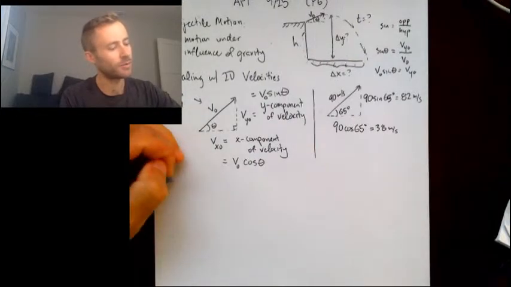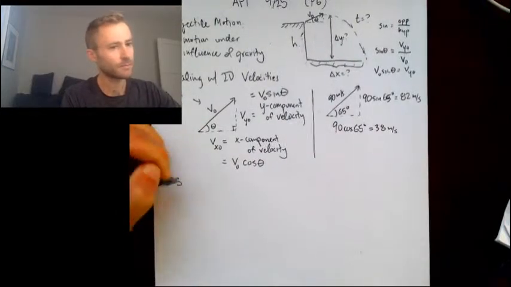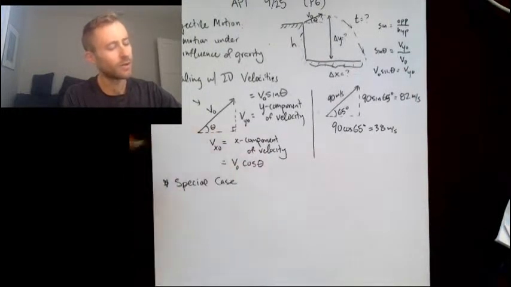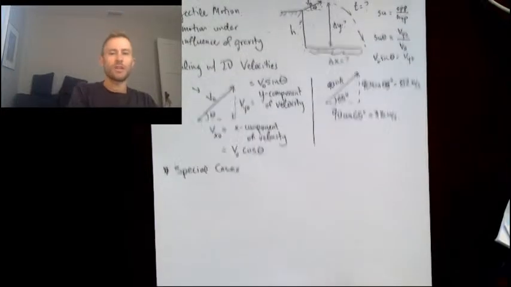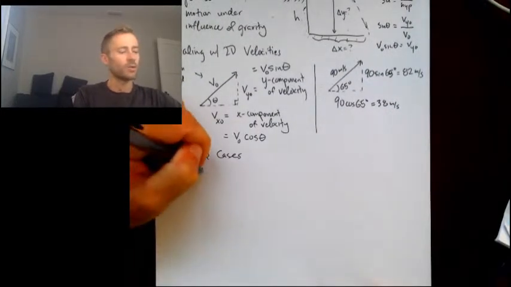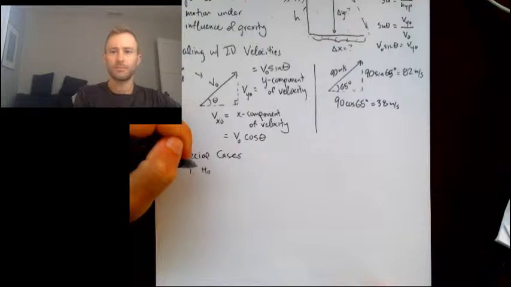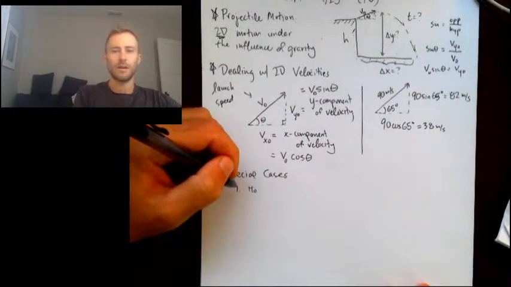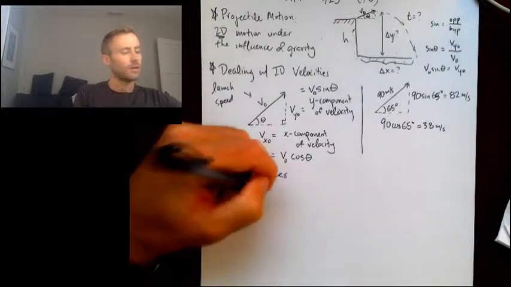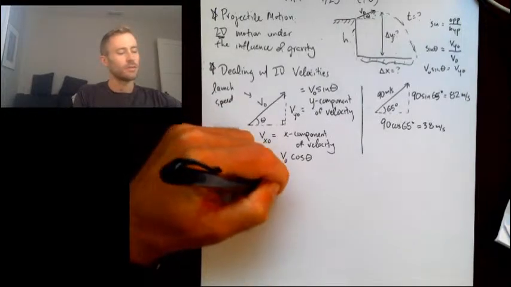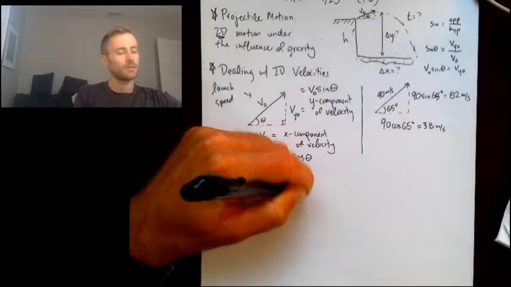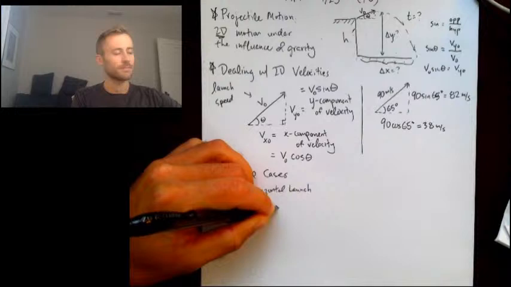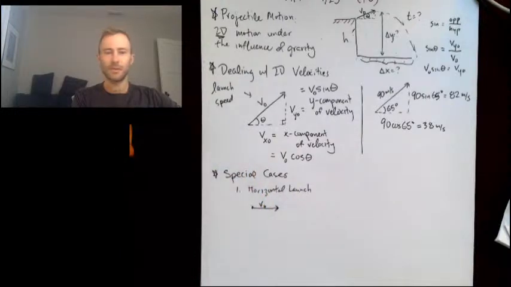Let's talk about a couple of special cases. One special case is a horizontal launch. A horizontal launch means your initial velocity looks like this. Okay.